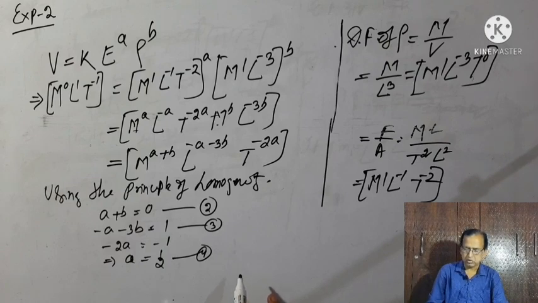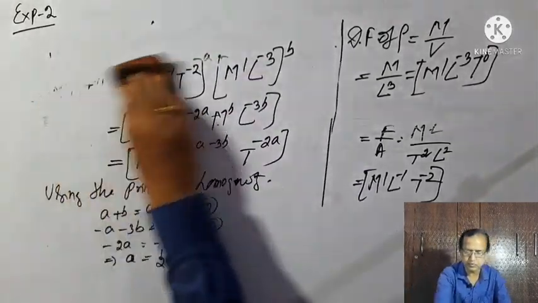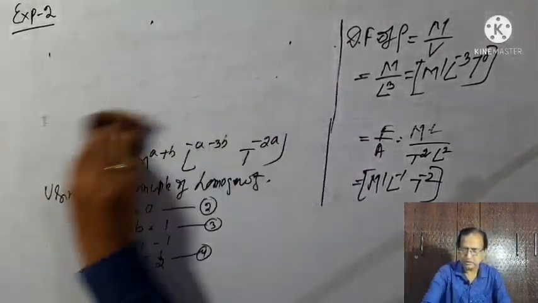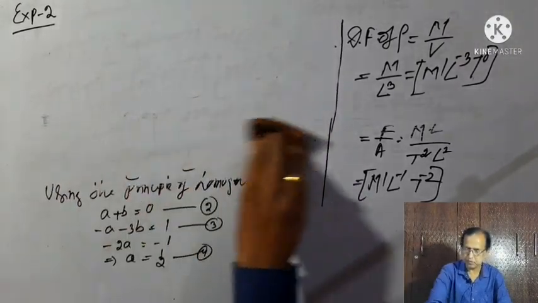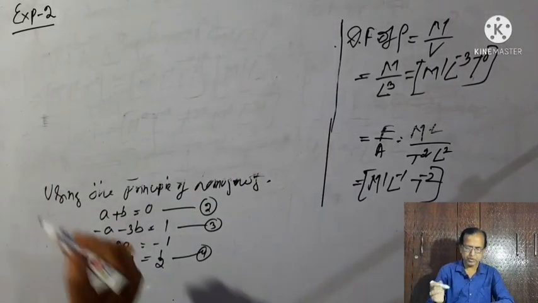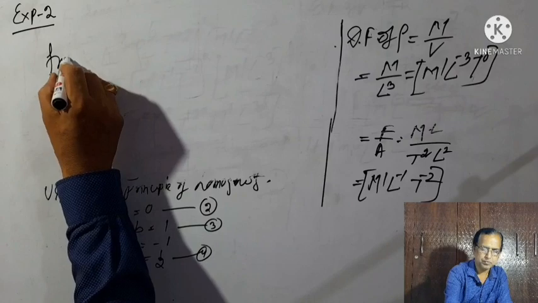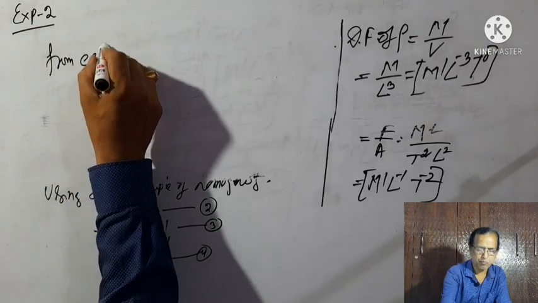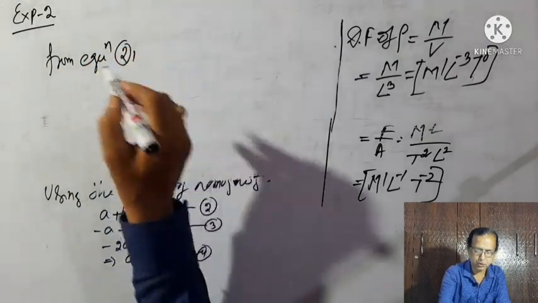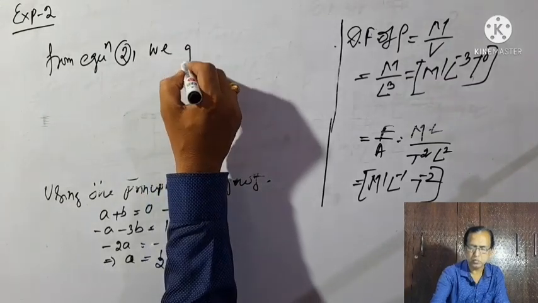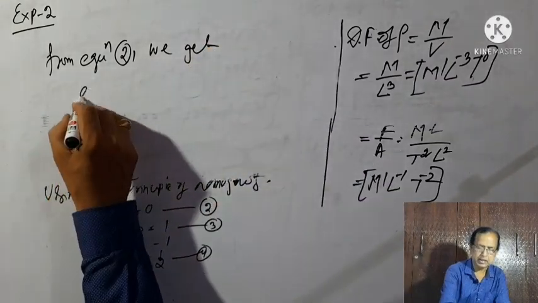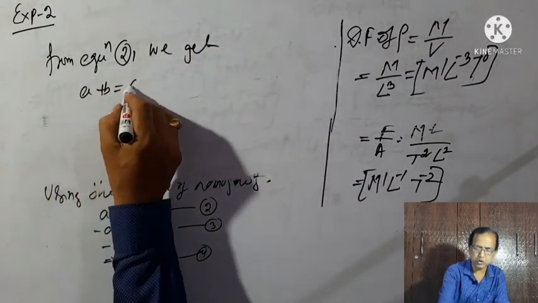Now, find out the value of b from equation 2. From equation 2, we get a plus b is equal to 0.